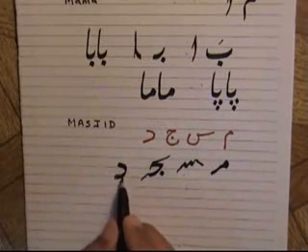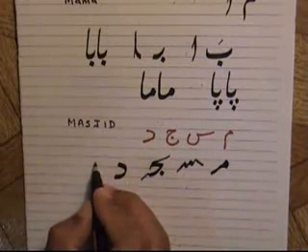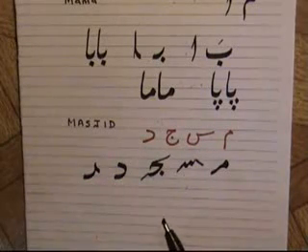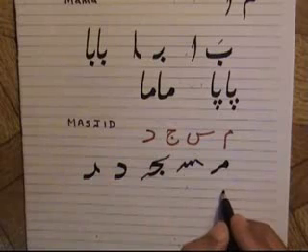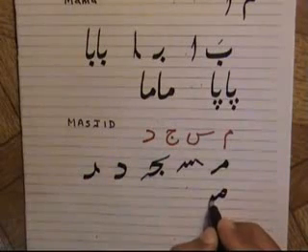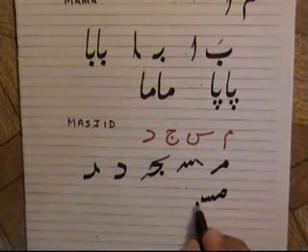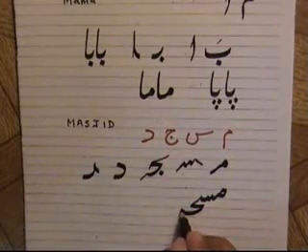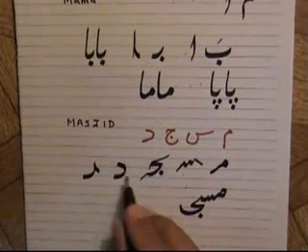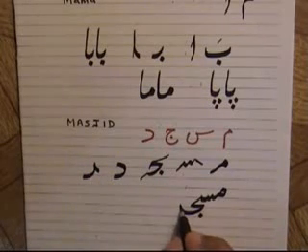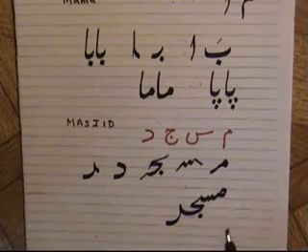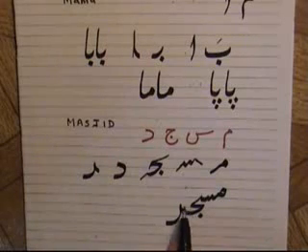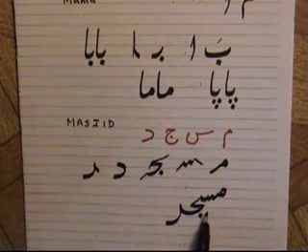We don't use this shape in the final stage, we use dal like this, and we have the connector here. So when we join, it will be meme and seen, then this jeem, and then this is the connector of dal, and then we write dal. Masjid. Right. So Masjid means mosque in English.